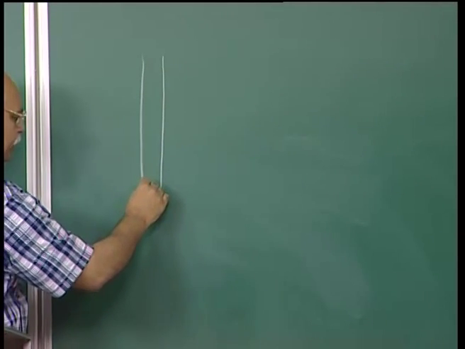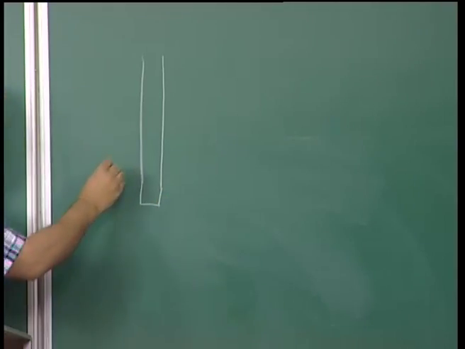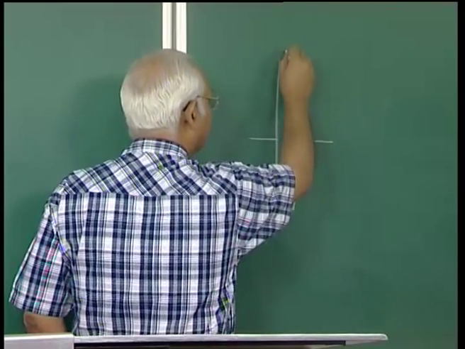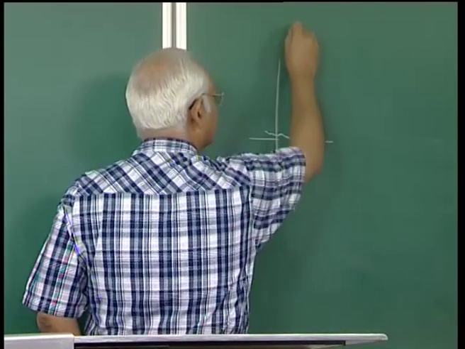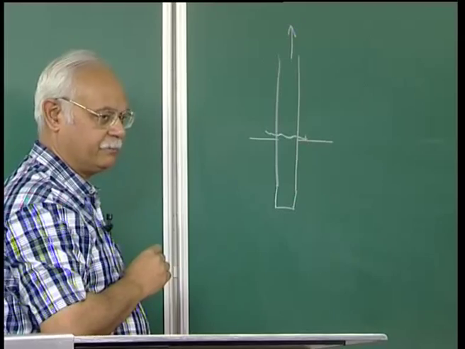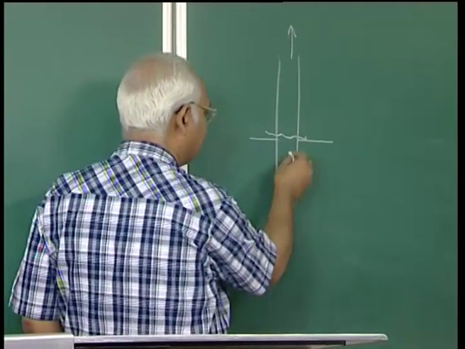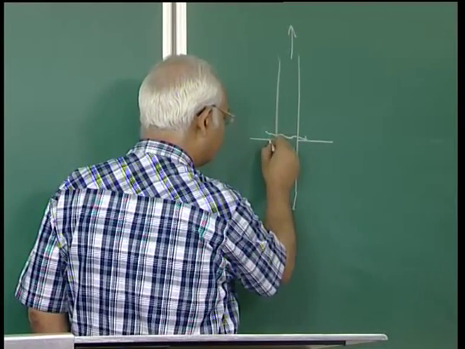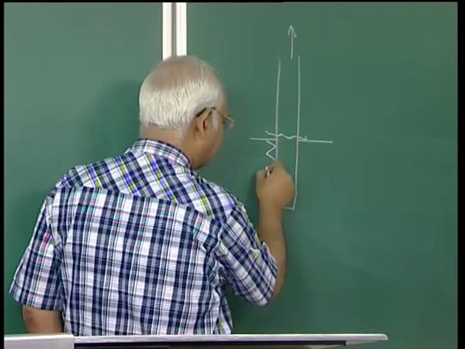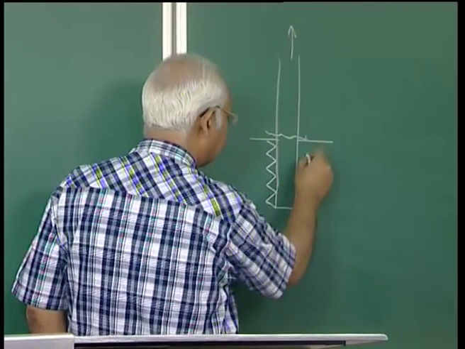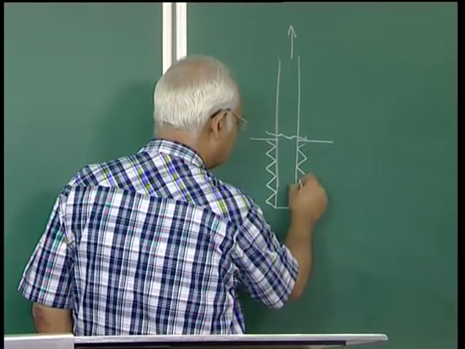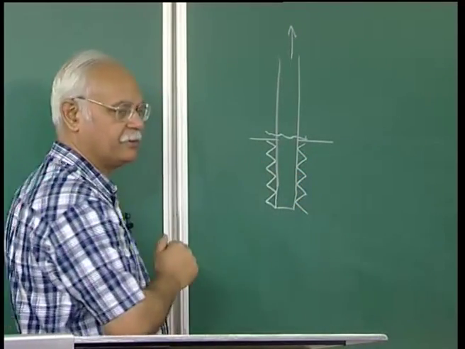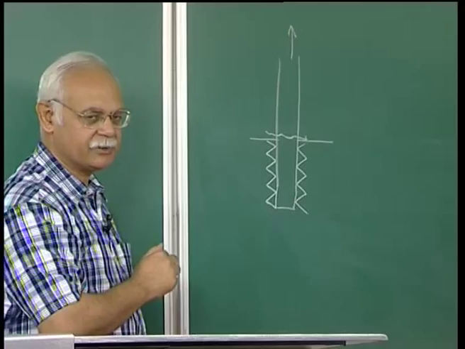An FRP rod is held inside the chuck and we want that only this portion should be pulled, or the load should be applied. How do we hold this in position? One of the ways to do it is to have some kind of teeth which will grip this specimen.